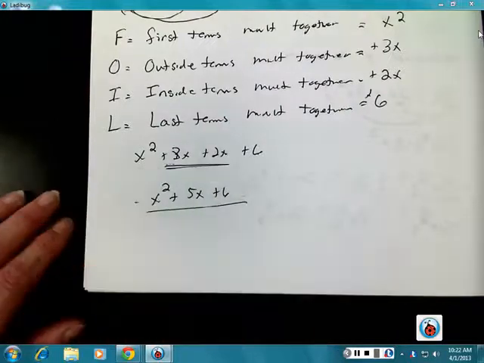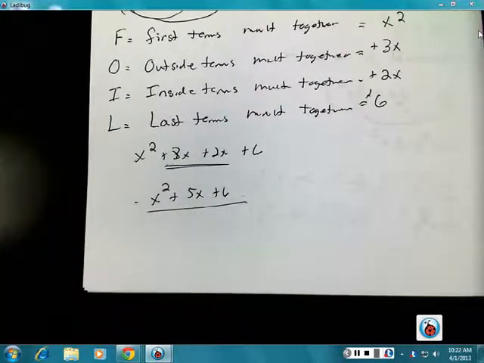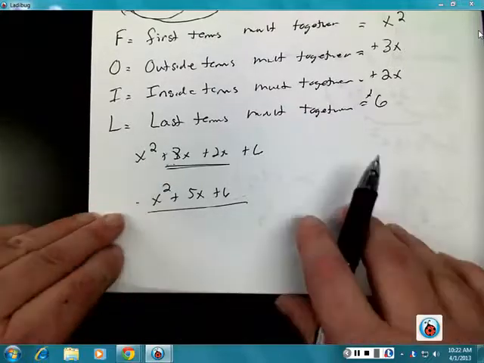So don't forget your signs in there. Let's do some more of these foiling ones. Again, that is your 5.6a as well as your 5.5, and you can end up using it with your 5.5 things as well.